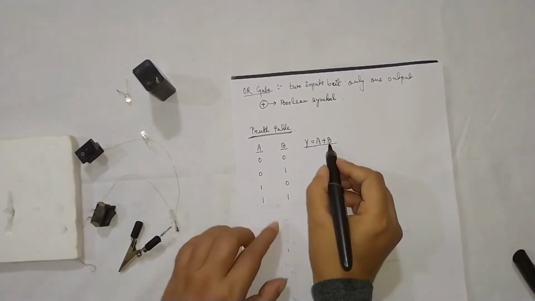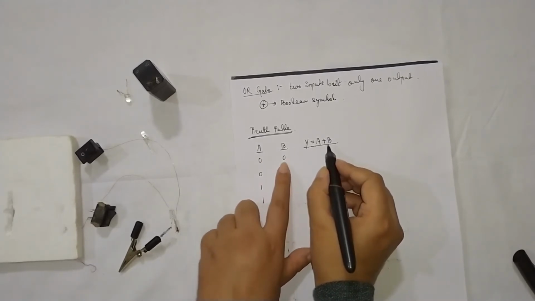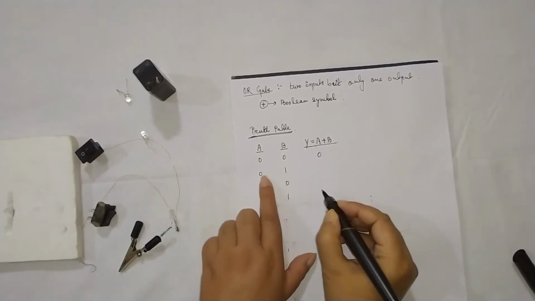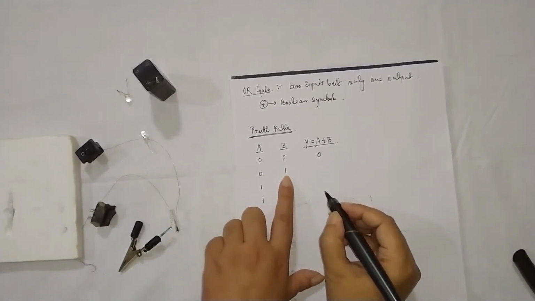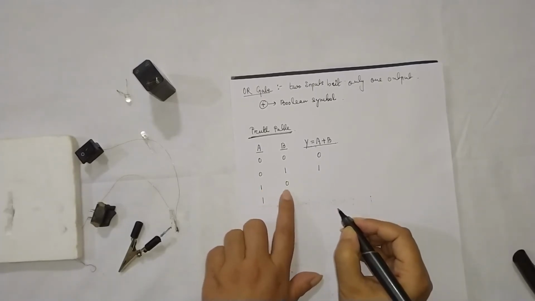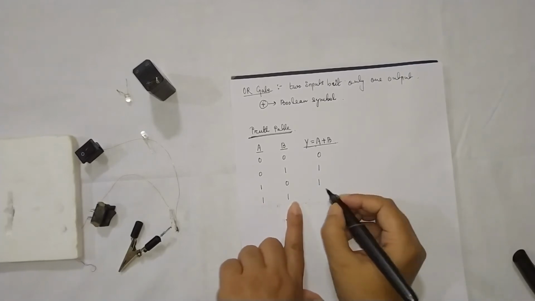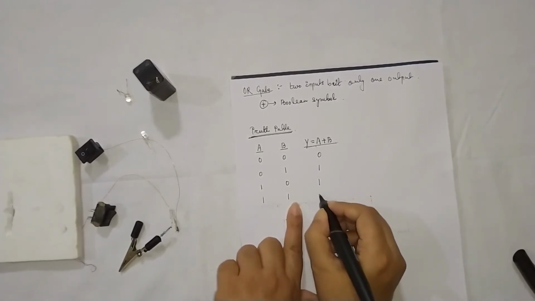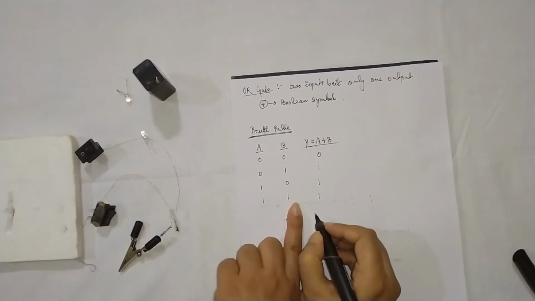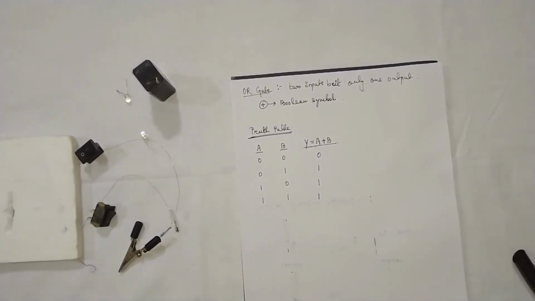Adding by Boolean algebra, 0 plus 0 will give you 0. 0 plus 1 will give you 1. 1 plus 0 will give you 1. And 1 plus 1, according to Boolean algebra, will give you 1. This is how the truth table is written.